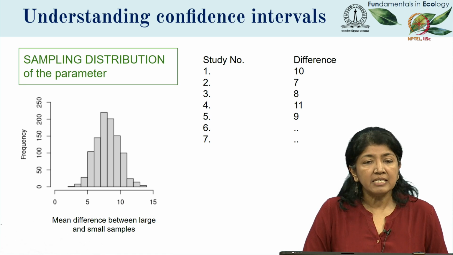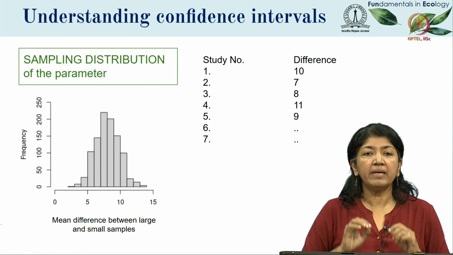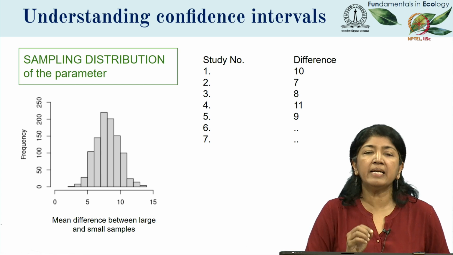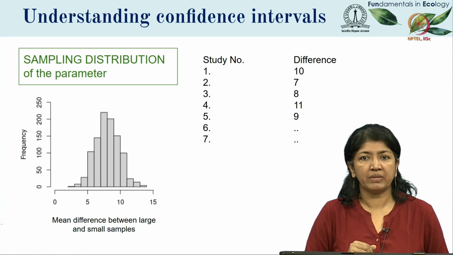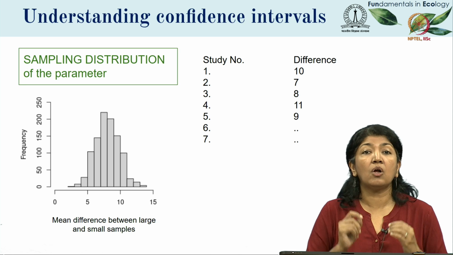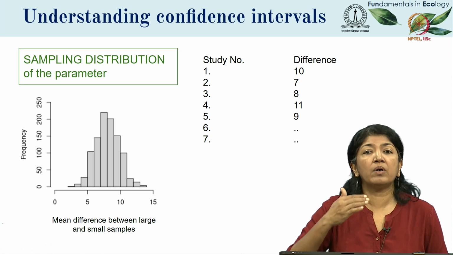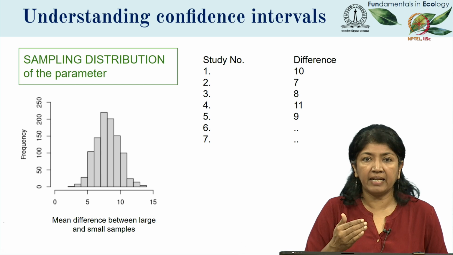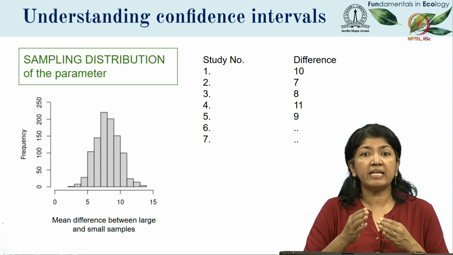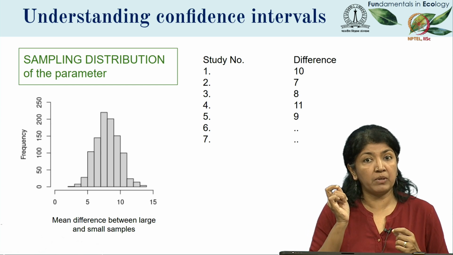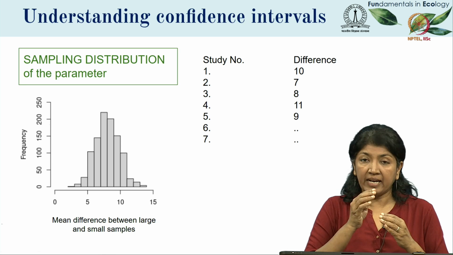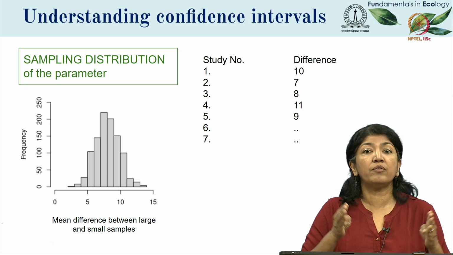The distribution of these means is called the sampling distribution of the parameter, and this gives us a lot of information. This tells us if we were to do the study again and again, will the different estimates of that population difference be similar values or very different values?